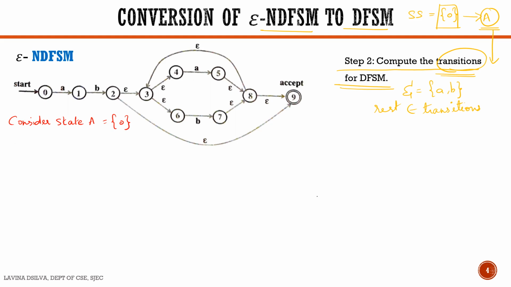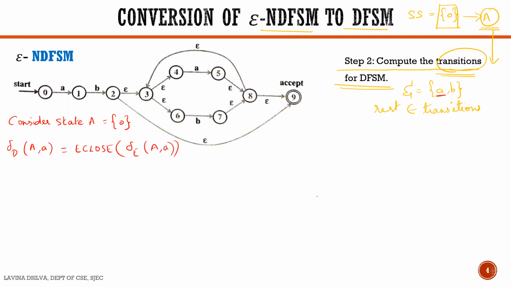Now we calculate the delta D transitions. Delta D of state A, comma A, because we are taking the first input, is equal to E close. We know that in ε-NDFSM we have an E closure concept, and in case you want to know more about the E closure concept, refer to the previous video in the series. So we have E close of delta E of A comma A.